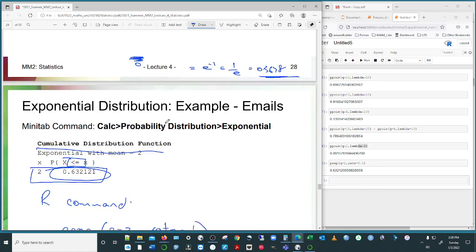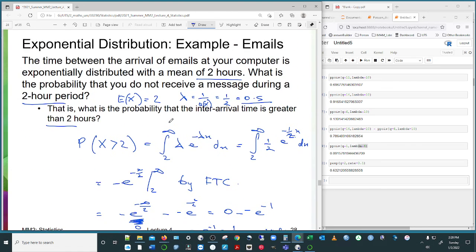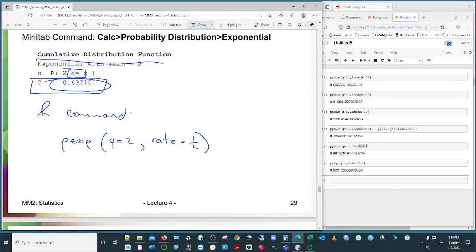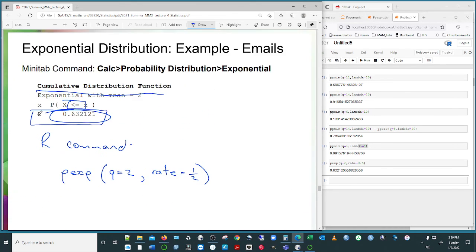Alright, but just keep in mind that the question was asking for P greater than 2. Okay, smarty pants, so you just did the integration, but then you do this, and you haven't completed it. So what's the completion? Well, the completion is that we've got to turn the thing around, we've got to take the complement, and it doesn't matter about the fact that it's an inequality, because it's a continuous distribution.